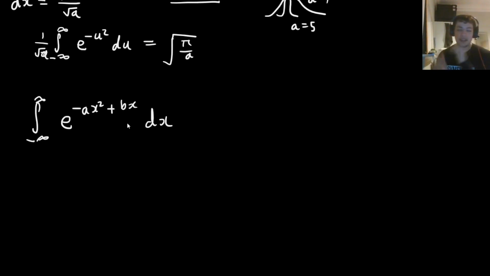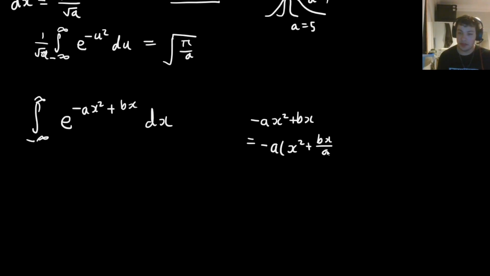So we still get our nice convergent properties. So b can be positive, it can be negative, it can be complex. Doesn't matter. So what we're going to say is that minus a x squared plus bx is minus a times x squared plus bx over a, minus bx over a.